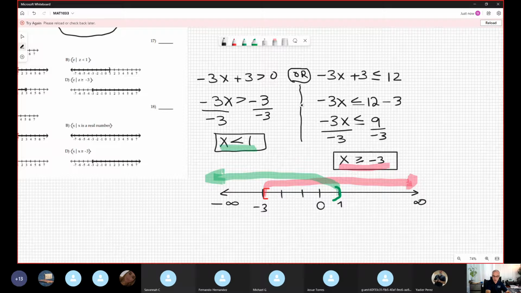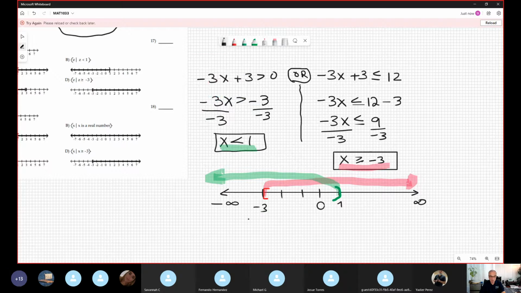Because when you take the red, you take the numbers from negative 3 to positive infinity. And when you take the green, you take the numbers from negative infinity to 1. It is obvious that the intersection is in between negative 3 and positive 1, but I don't care about intersection. I care about union because the keyword connecting the inequalities is or. So, union. It is obvious that the solution is all real numbers. How do you write that?